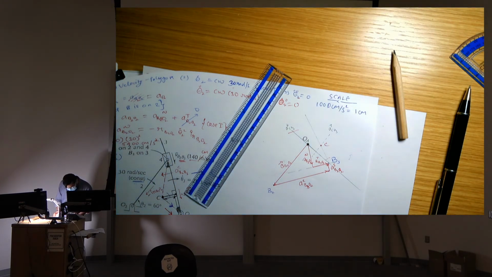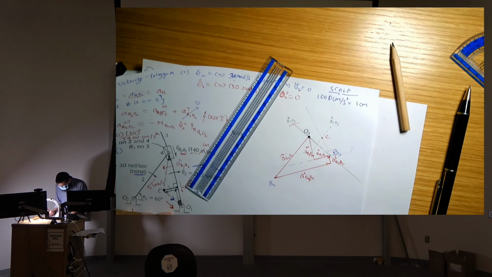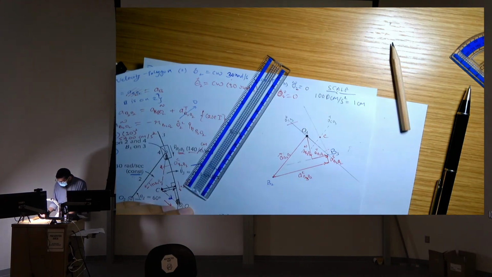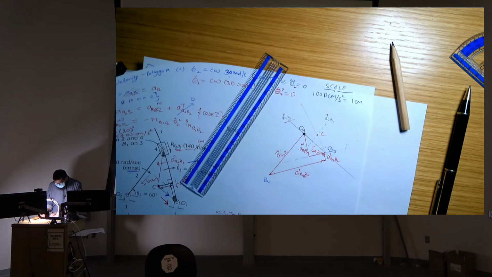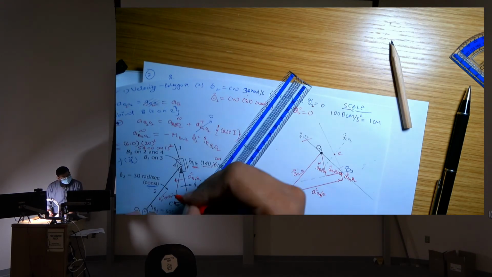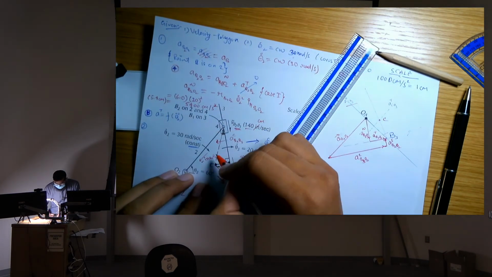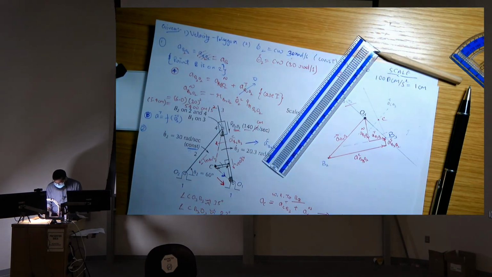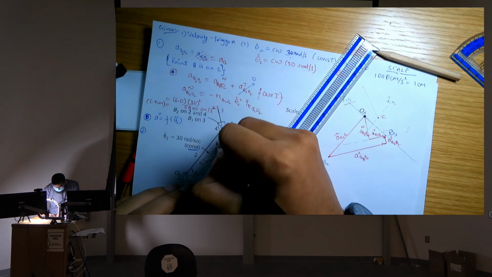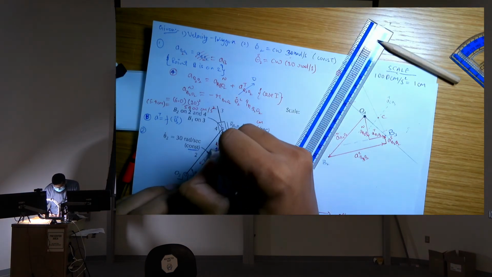The A_CB3 normal component has its direction along the link, in this direction, because this is the negative direction.